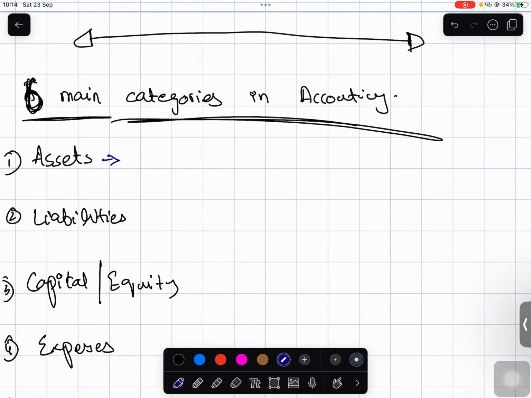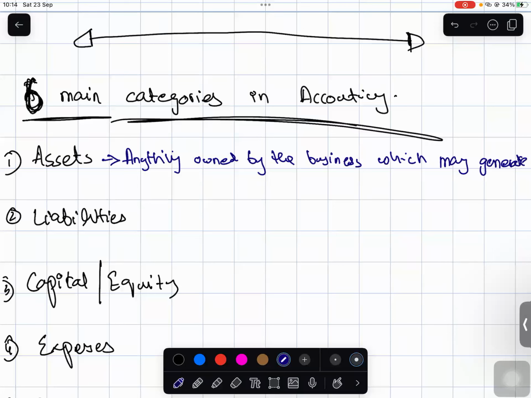So assets are anything which the business owns, anything owned by the business which may generate future economic benefit.